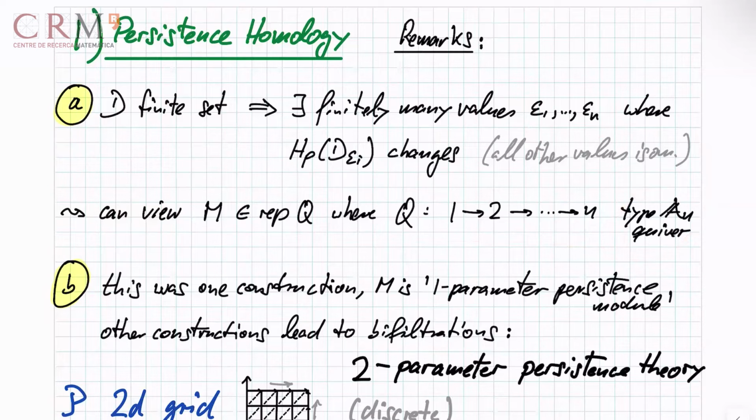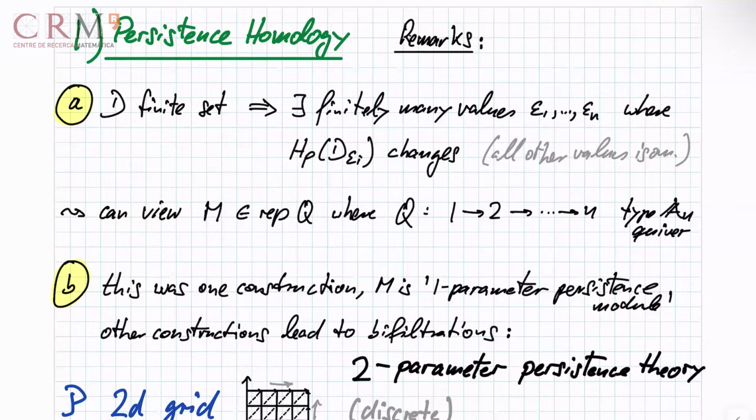Second remark: this was only one construction, which is called one-parameter persistence theory, because we vary one parameter, the radius. But in general, you might want to consider bifiltrations of topological spaces that depend on two parameters. One parameter could be the radius epsilon. The other could be something like a density parameter in order to filter out noise.